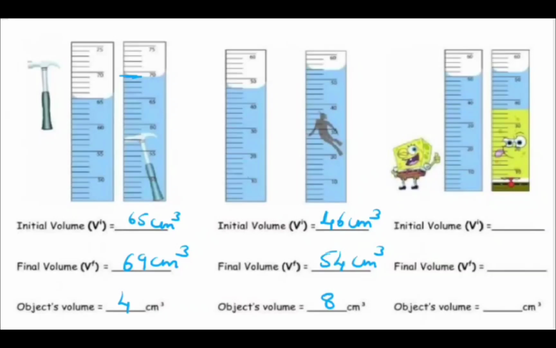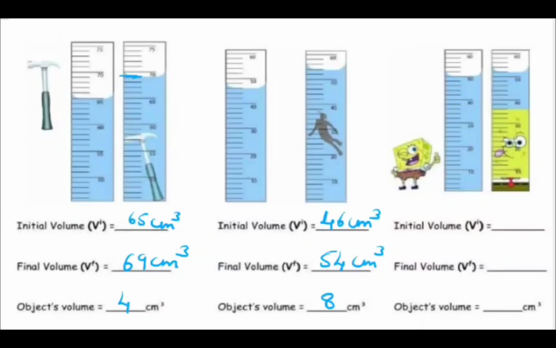Last one. Okay, it's a sponge, is it? It's just exact. This is 50. So 30, 32, 34, 36, 38, 40.